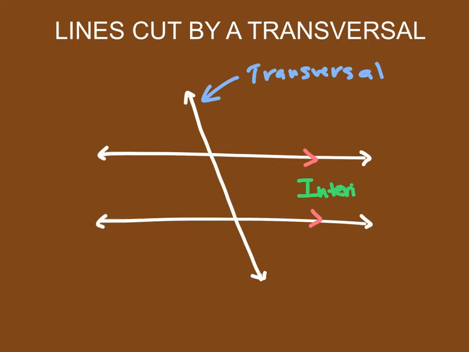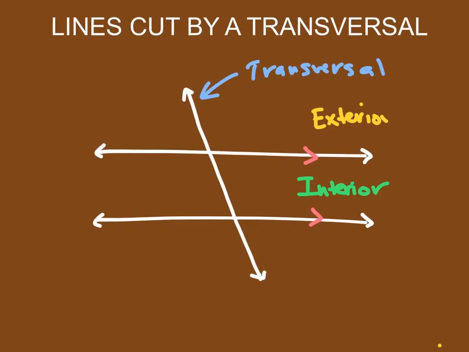This is called the interior, in between the two parallel lines. If we're talking about the outside, then that would be the exterior. It's really important that we know what these are because we're going to be using this to name things later on in the video.